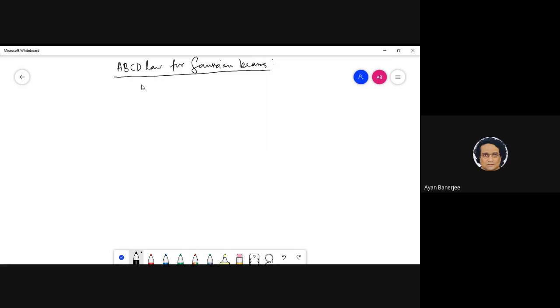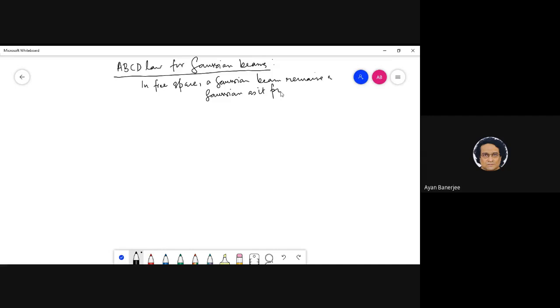So basically what we write here is, in free space, a Gaussian beam remains a Gaussian as it propagates.